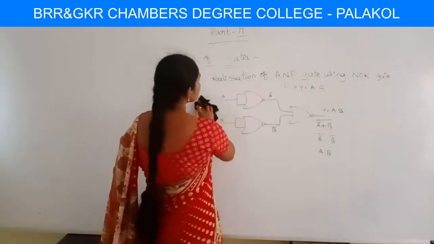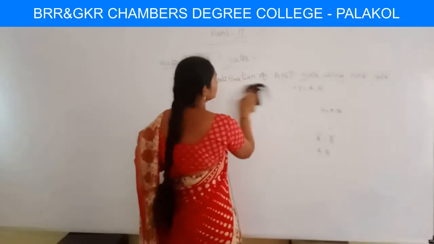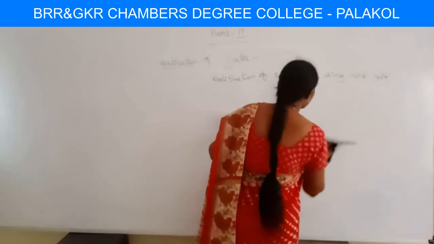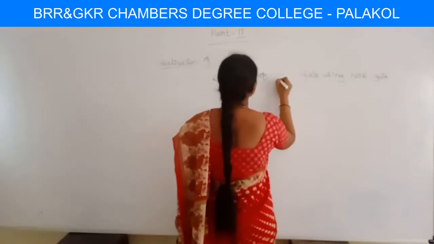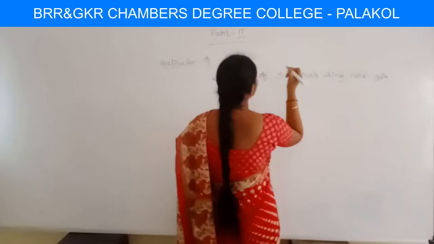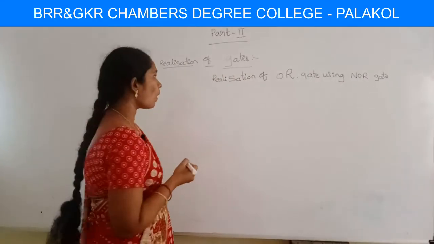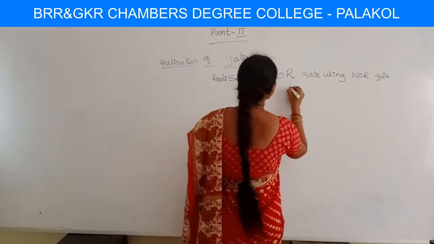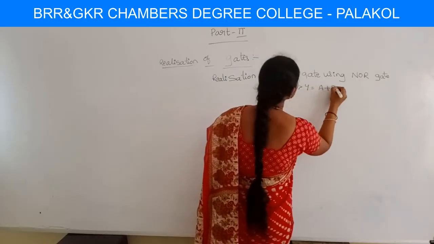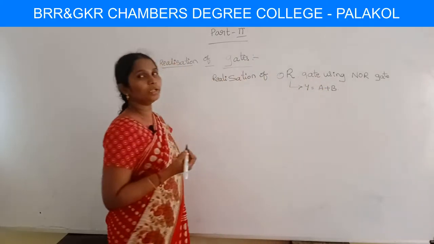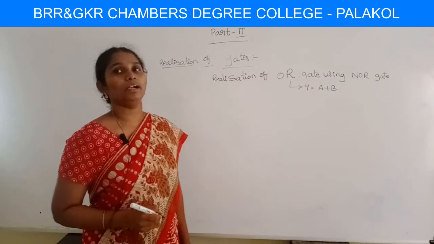Okay, and the next gate is the OR gate. So OR is nothing but y is equal to A plus B. You have to implement the OR gate.